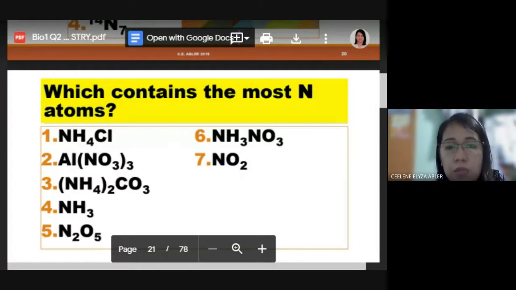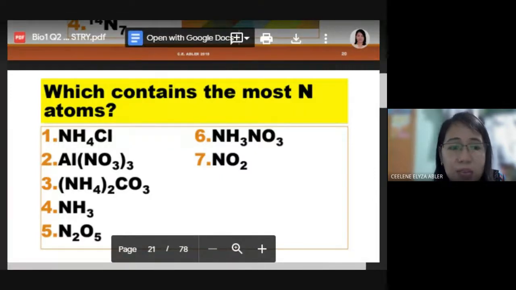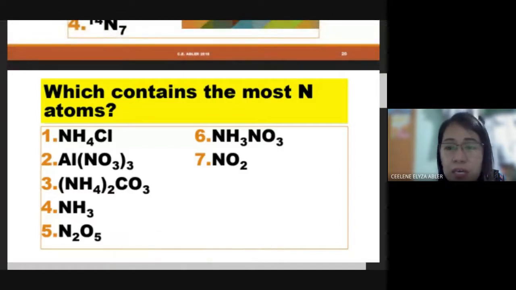Then you have also 1 and we have 2. That's two. And we have here 2. So which has the most? We have only your number 2. So this has the most number of nitrogen atoms. Okay? So you can review it on your own. I'll be giving you the copy later in PDF.